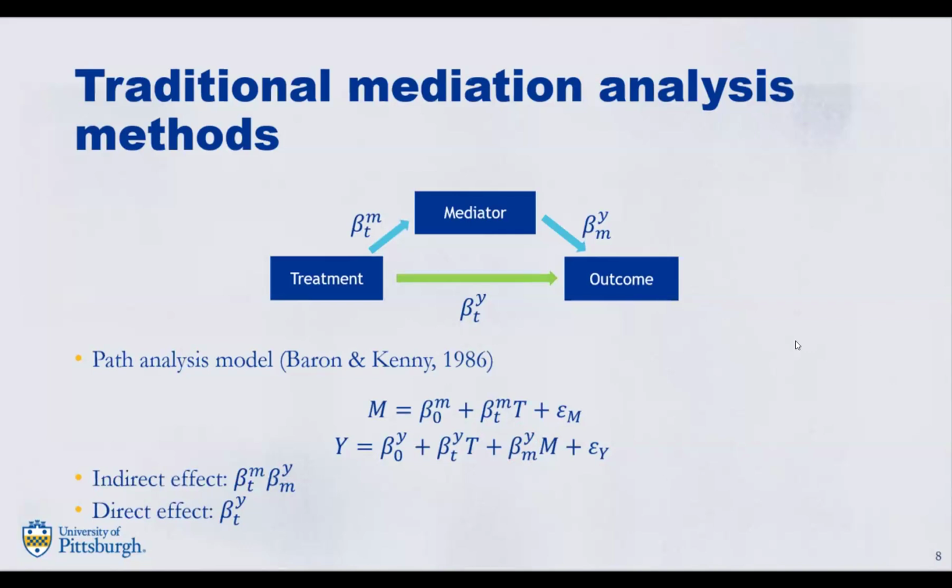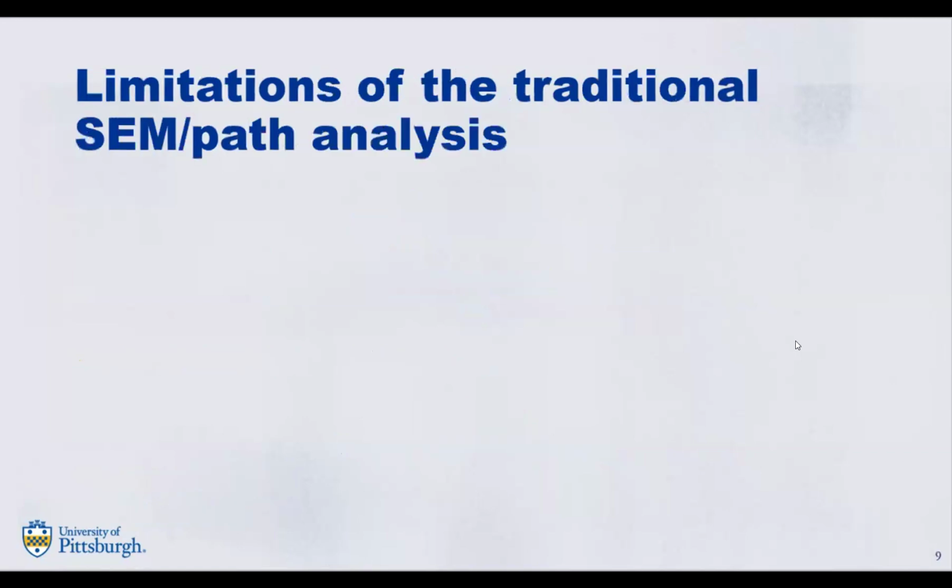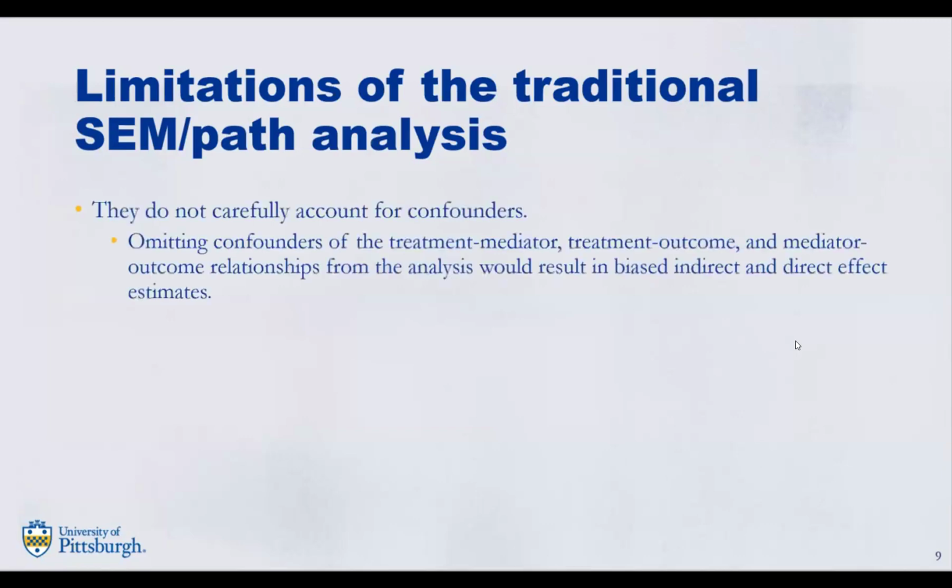So this is a general picture of path analysis, which is very straightforward. However, there are some limitations of the traditional structural equation modeling or path analysis. First of all, they do not carefully account for confounders. Omitting confounders of the treatment mediator, treatment outcome and mediator outcome relationships from the analysis would result in biased indirect and direct effect estimates.